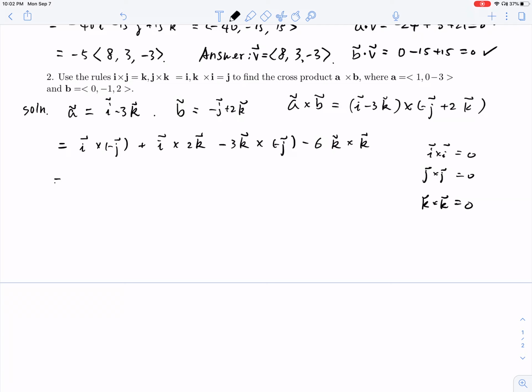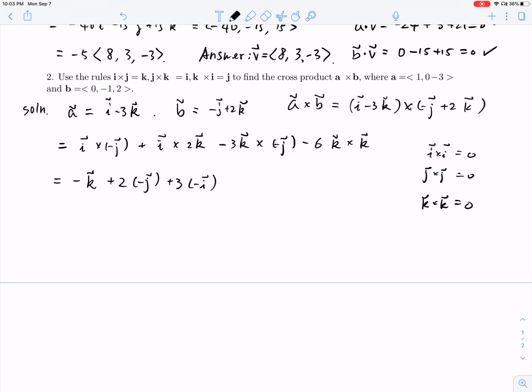So now we're going to have i cross j is k, so we're going to have negative k, and then plus 2 i cross k. i cross k is negative k cross i, and k cross i is j, so this is negative j, in the middle, the second one. And then negative 3 times negative 1 is going to be positive 3. And look at k cross j, supposed to be j cross k, so this is going to be negative i. Okay, k cross j is negative i. And the last one is 0.